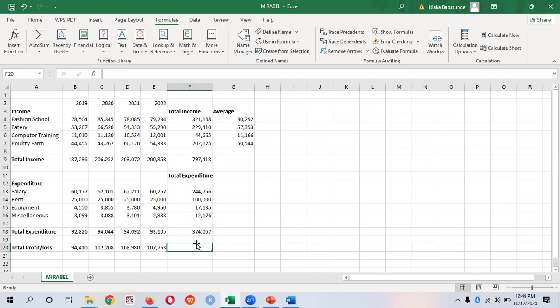We come here, then equal sign, click this, minus this. What I clicked is called what? Total income for the period of 4 years. Then this is what? Total expenditure in 4 years. Click here and then enter. So in 4 years, the company made a profit of 423,000 naira.